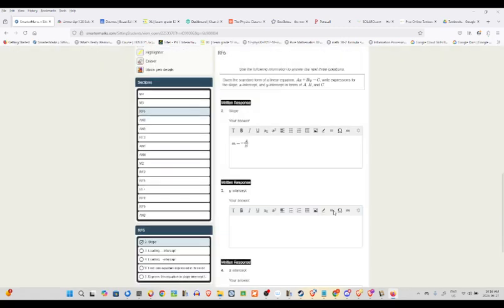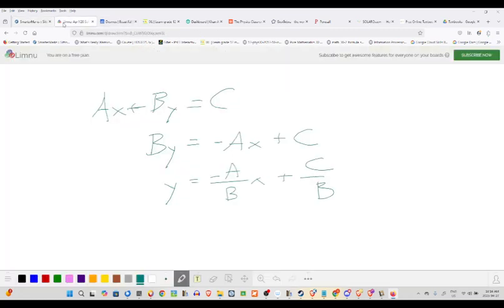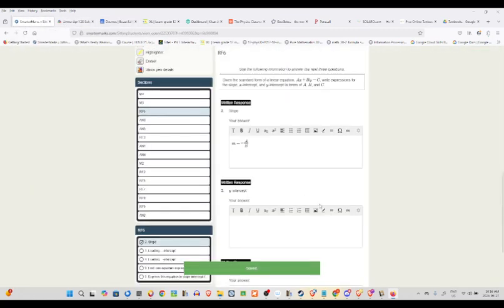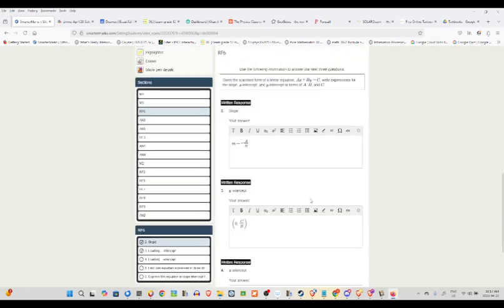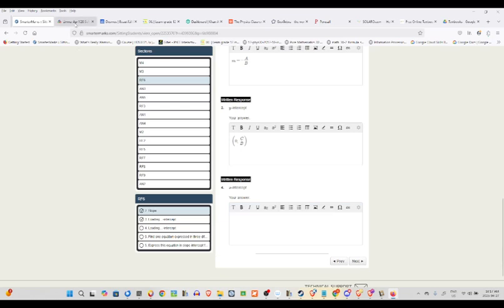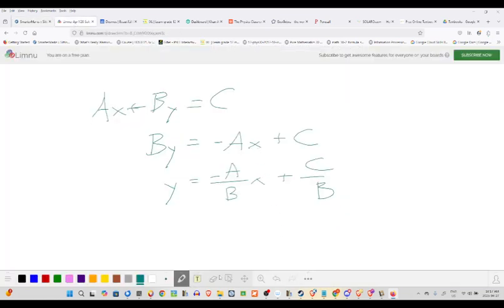Our y-intercept we can read off in our slope-intercept form and see that it is c over b. So our y-intercept takes place when x is 0 and our y-coordinate is c over b. The x-intercept is what we get when y is 0.